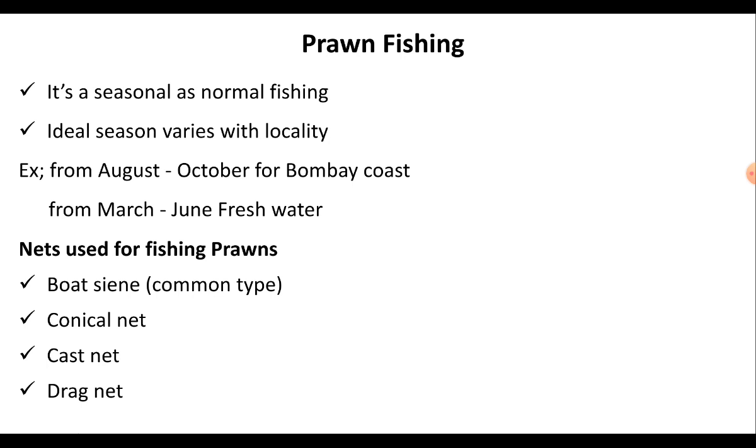The methods employed for fishing prawns are somewhat similar to those for fishes, and prawn fishery is seasonal, where the ideal season for fishing at Bombay coast is from August to October, and in Saurashtra it is from July to September.